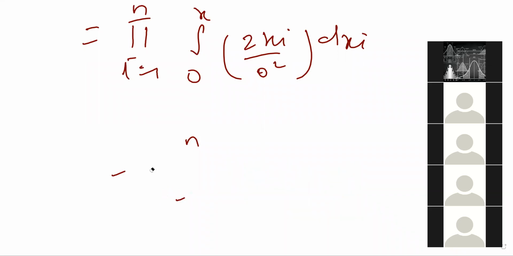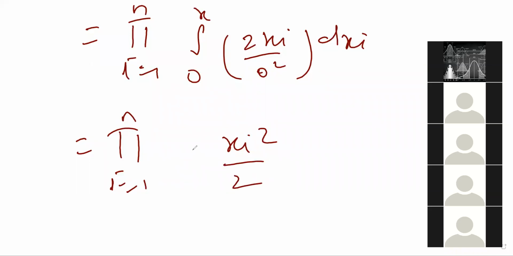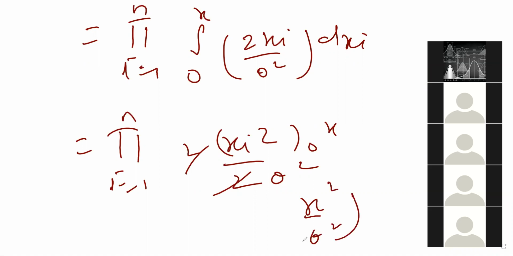Please respond if you are understanding it, and try to be engaged in the class. So the integral of xi dxi is xi square upon 2 theta square from 0 to x. The 2 gets cancelled, so it will be x square upon theta square, raised to n. Is it right?